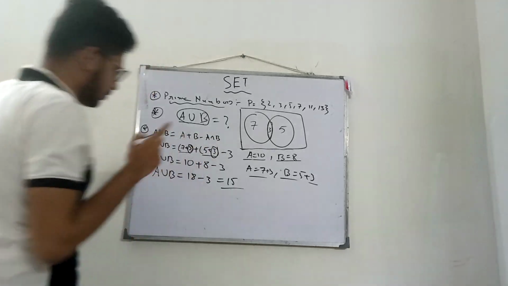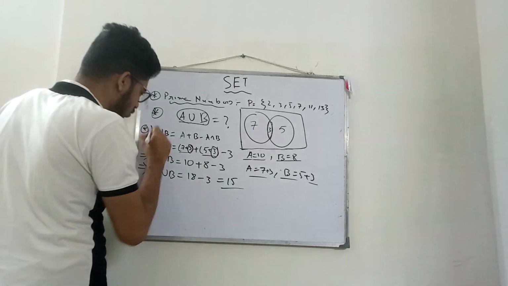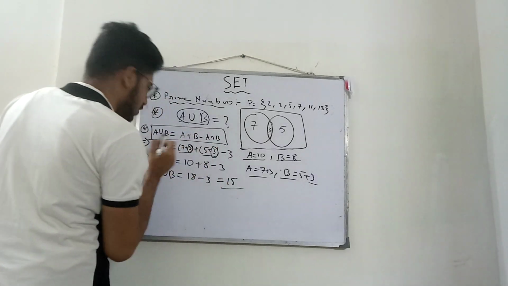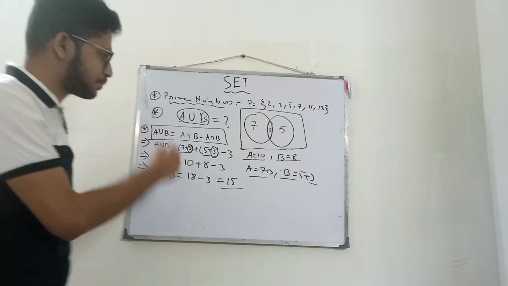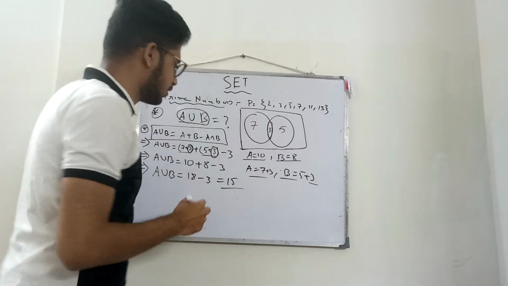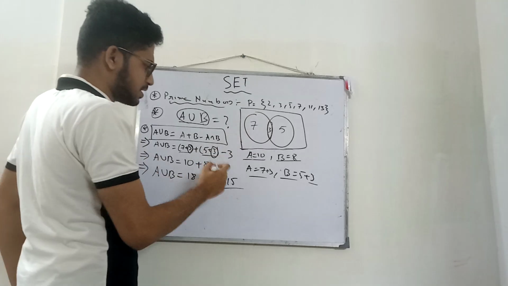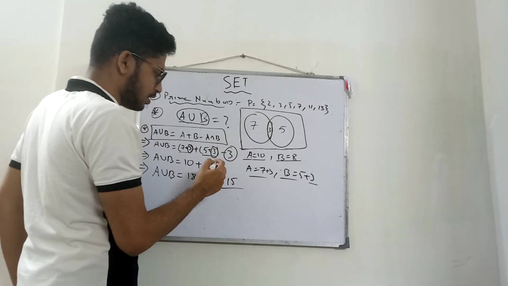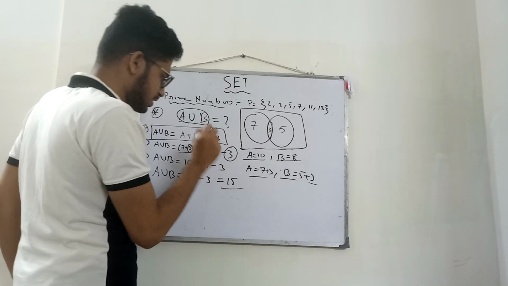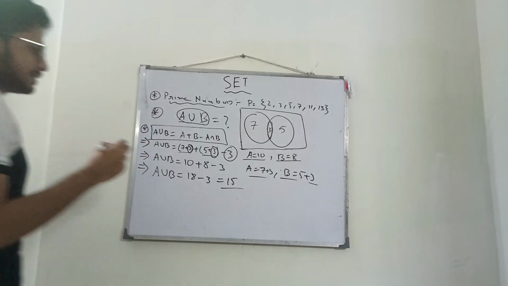To balance this equation, we are subtracting this intersecting part, and the value of this intersecting part is 3.